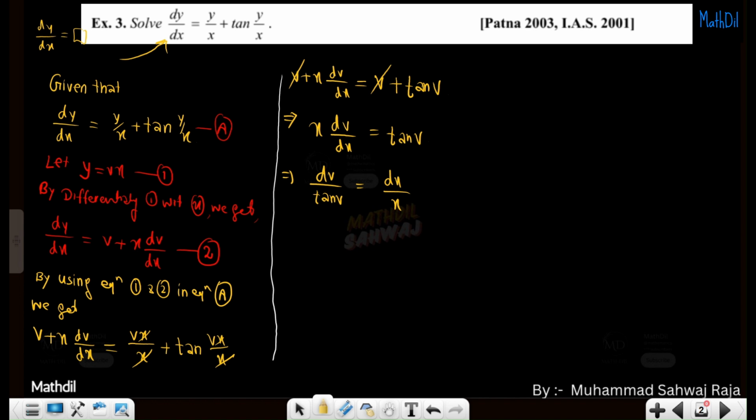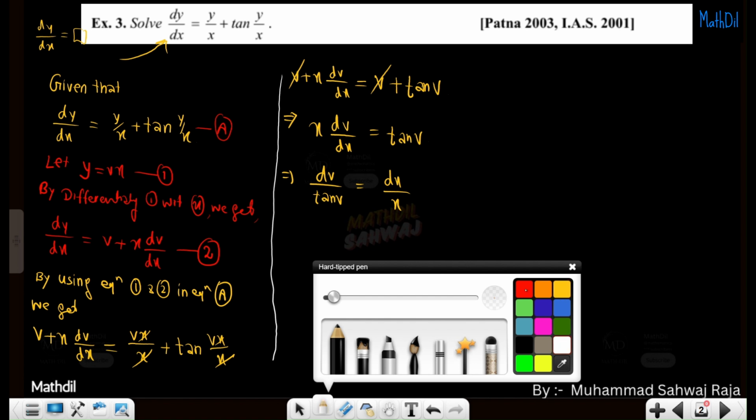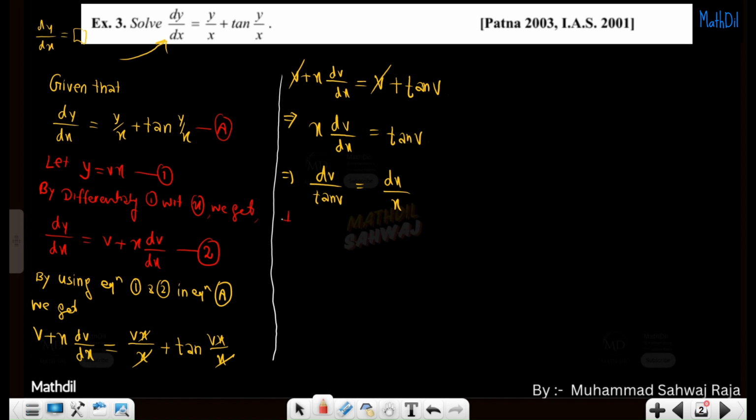Now we can write, integrating both sides, we get the integration of dv upon tan v equals the integration of dx upon x.